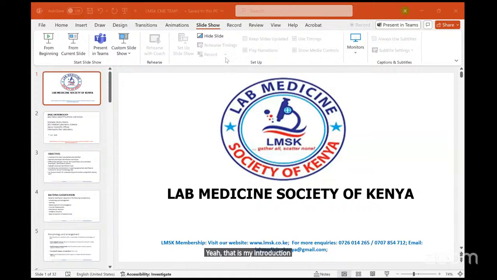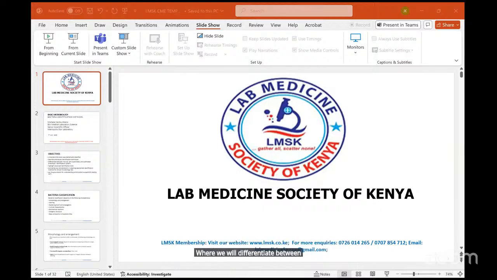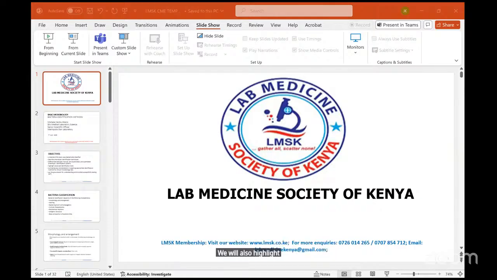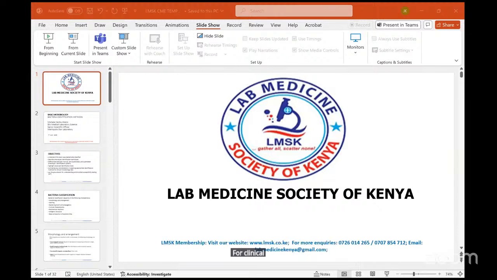Our objective today will be to understand some of the basic ways bacteria are classified. We'll then transition to the phenotypic identification techniques, where we will differentiate between manual, semi-automated, and automated phenotypic identification systems. We will also highlight some advanced identification tools, and then summarize the key considerations in selecting appropriate identification methods for clinical microbiology labs.